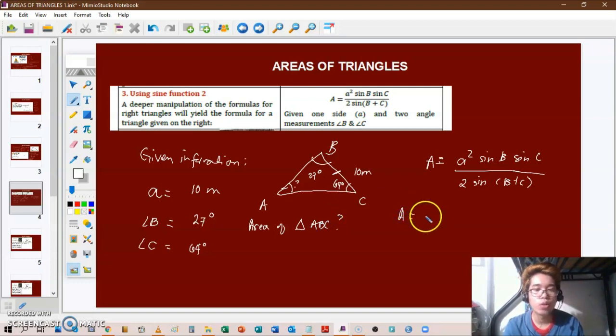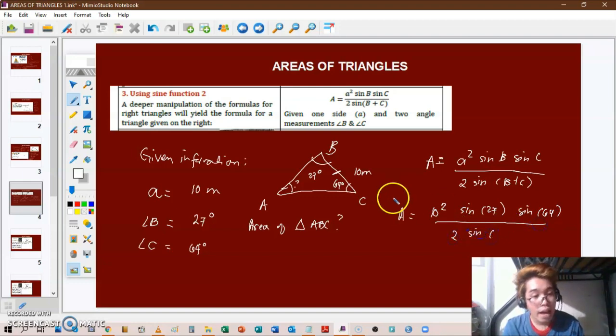So A is equal to, what's the value of our a? That's 10 squared times sine B. Our angle B measures 27 degrees, so we write there 27. And then sine C, the value of our C is 64 degrees, so we write there 64. All over 2 multiplied by sine, and then we add the 2 angle measurements that were given, 27 plus 64.